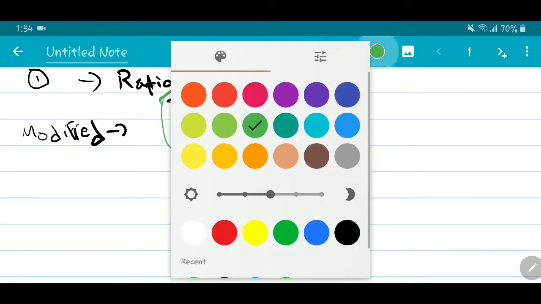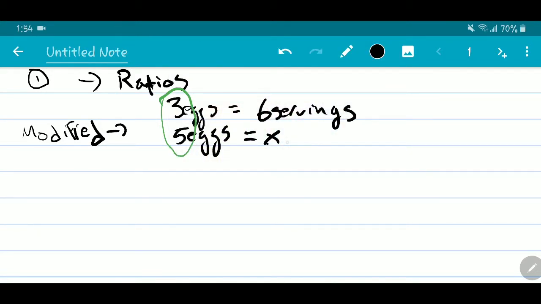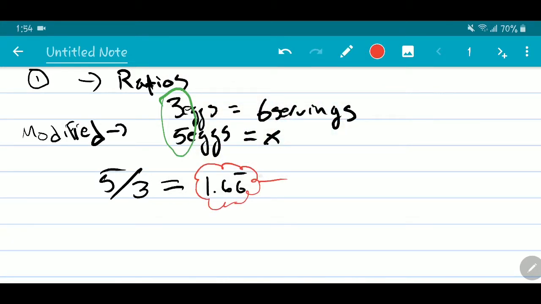I like to take the second number attached to the x, so that's 5, divided by the first number where you're given the whole proportion, and then you'll get a number. Let's plug that into the calculator, and we get 1.666, so 1.66, and this is our conversion factor.